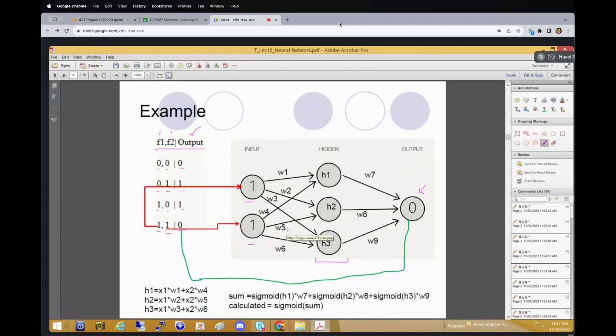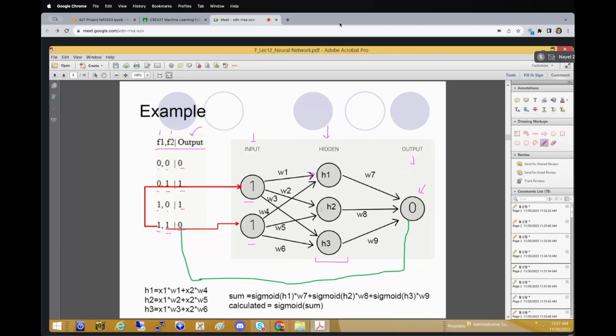Now we have to form the neural network. The input layer neurons should be connected to the hidden layer neurons. Here is the input layer neuron, connected to the hidden layer neuron. This is the connection.